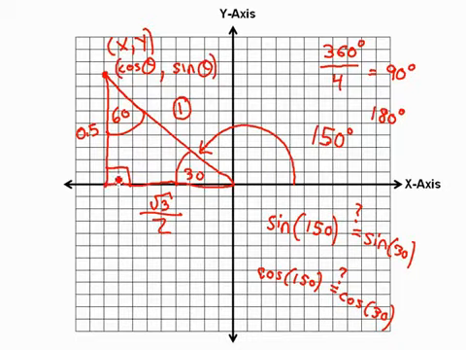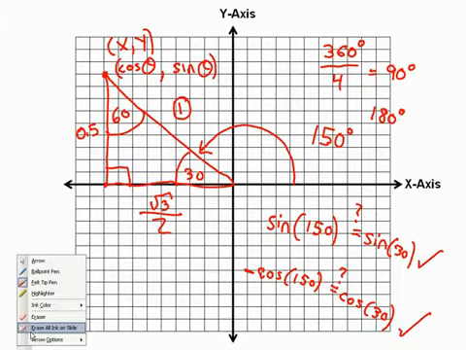So, in other words, cosine of 150 is actually the negative of cosine of 30. So negative cos 30 equals cos 150, that's true. And sine of 150 equals sine of 30, that's true. So I'm sure everyone's really confused right now. They're thinking, well, how did he know that?